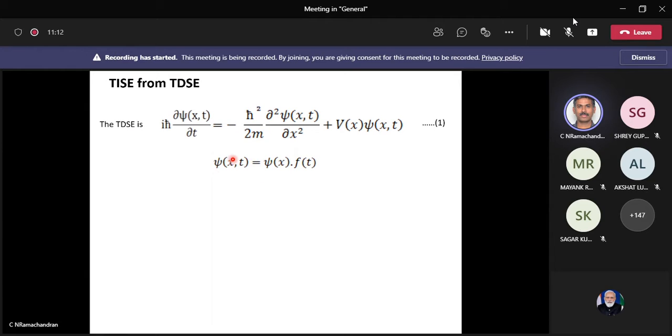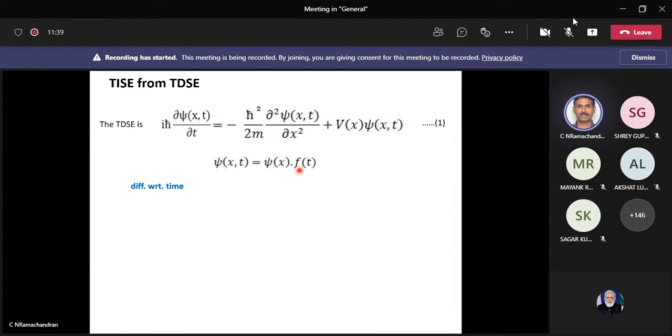That means we are writing our wave function as a product of one that is purely on x and another one that depends on time. That means we are splitting our function into 2 parts, one explicitly on position and another explicitly on time.